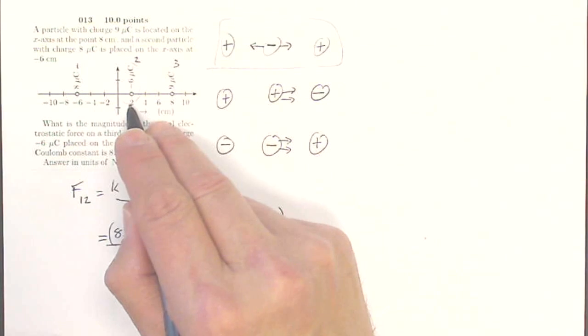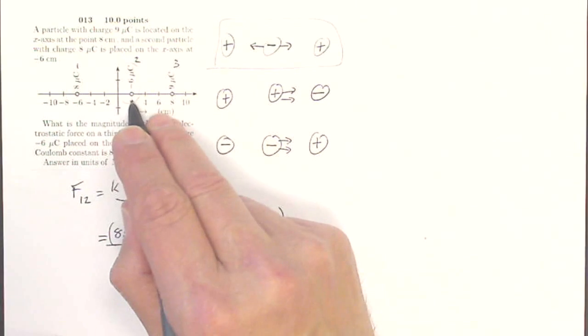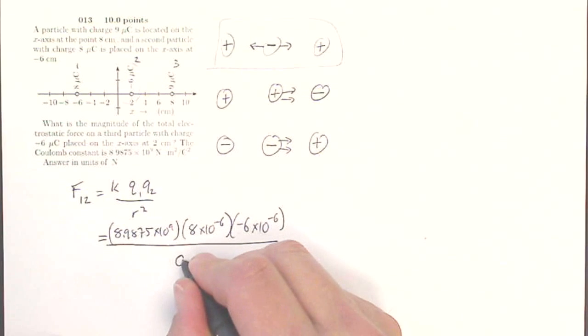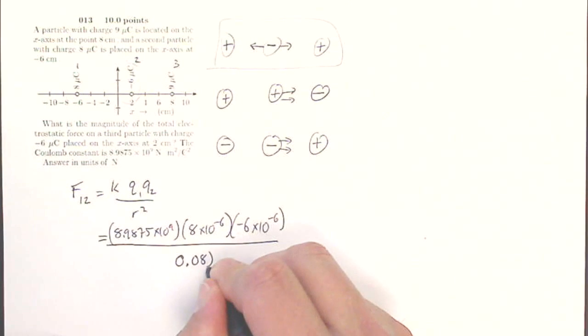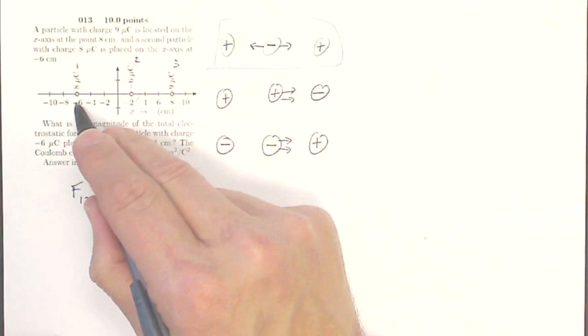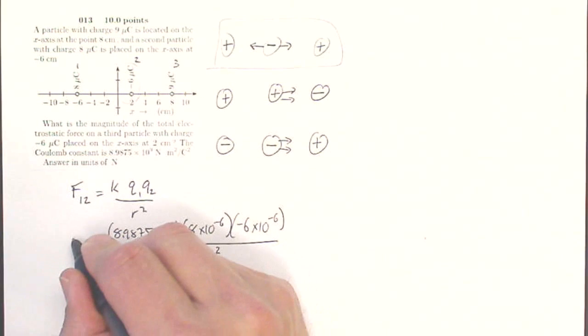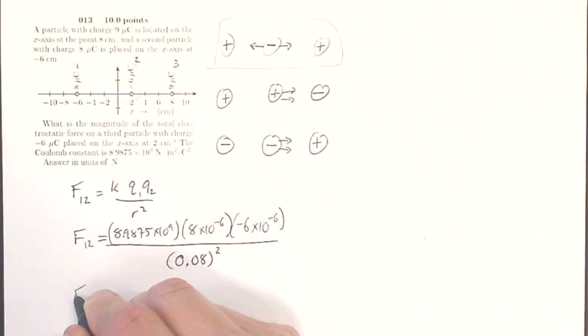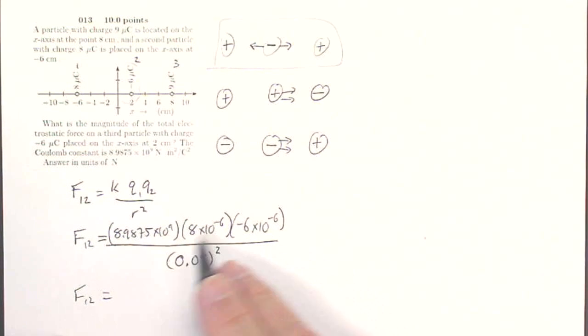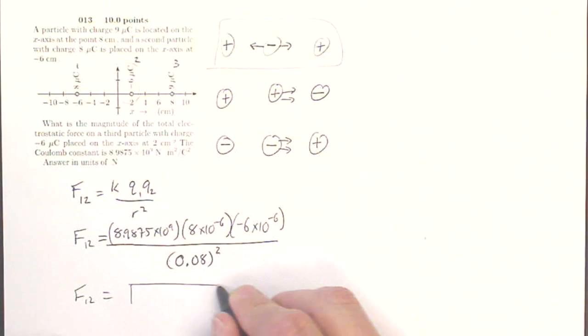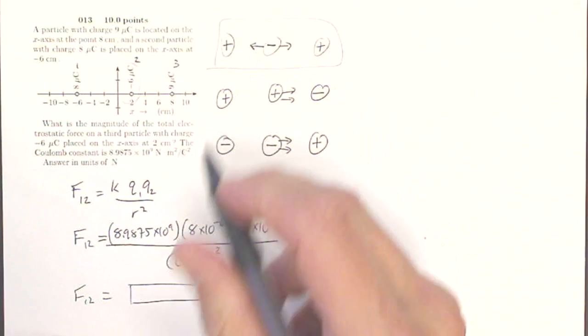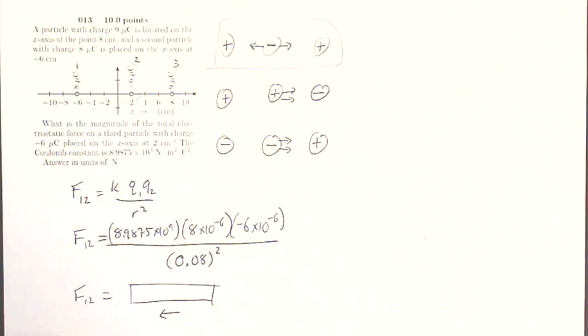That's 8 centimeters. So that's going to be 0.08 squared. When I do all of this, I'm going to get the force between 1 and 2. I'm going to wind up with a negative number, but I don't care. I just want to know the magnitude of that. So that is going to give me some number, and I know that that one is pointing to the left.